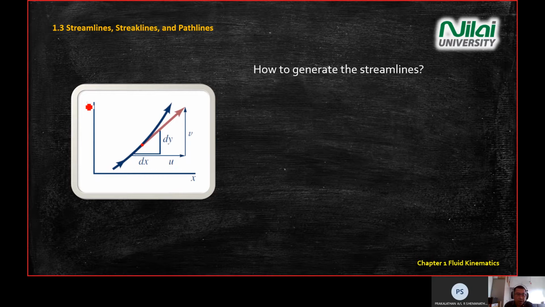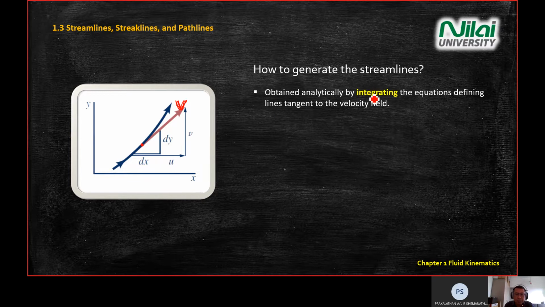Again, you have y and x axes. Whatever goes to the x, you denote as u. Whatever goes to the y, you have v. And this is the big V, the vector. Now, how do we generate a streamline? We use the integration method.